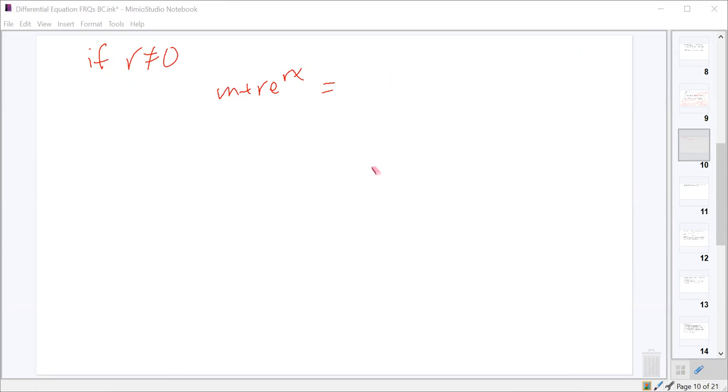So we had 3x plus 2mx, I think, plus 2b. If you distribute the 2 through, plus 2e to the rx plus 1, I believe. Is that right? Does that look right to everybody? Okay.